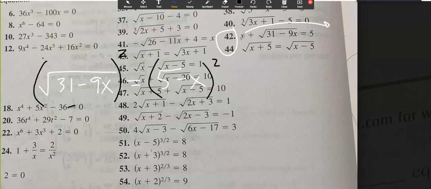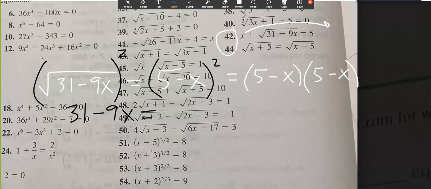So the radical and the square cancel out. 31 minus 9x. What happens on the other side? Is it possible to... I guess I don't know. When you say that you're squaring something, aren't you multiplying it times itself? Right. So would it turn into 25 minus x squared?